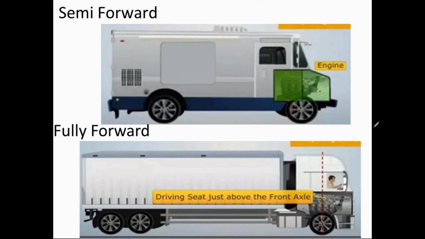So there was some modification, and the semi-forward type of automobile was tried, and half of the engine was placed just below the sitting area. But further modification created a total engine mounted below the seating arrangement. The total space was utilized. Due to that, what happened?